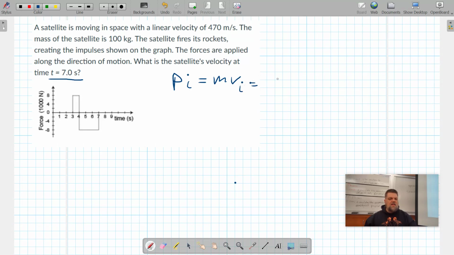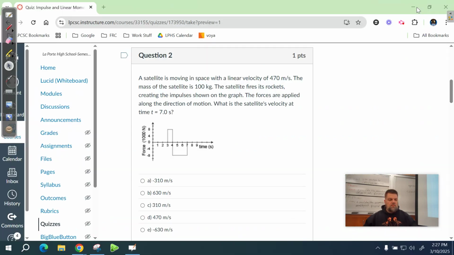The mass of the rocket is 100 kilograms times the velocity of the rocket, 470 meters per second, which is going to be 470,000, I think, right? Does that seem right? Let me make sure that I'm doing everything right.